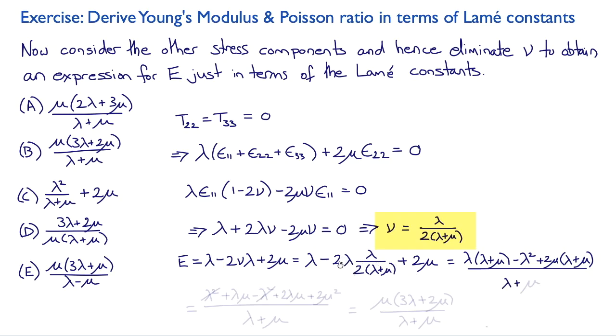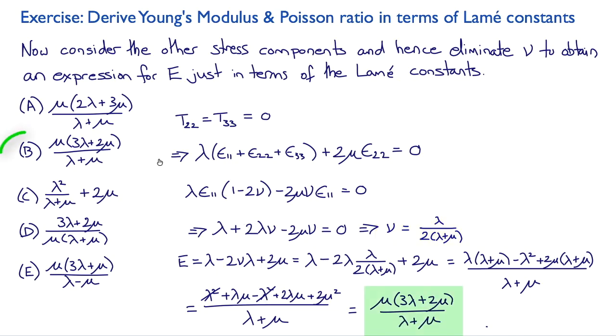We cancelled the 2's here, multiplied this term and this term by (lambda plus mu). The lambda squareds here cancel, so we get lambda squared plus lambda mu minus lambda squared plus 2 lambda mu plus 2 mu squared, over (lambda plus mu). These terms cancel and it simplifies to mu times (3 lambda plus 2 mu) divided by (lambda plus mu), which is answer B.